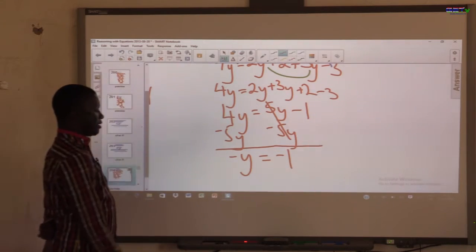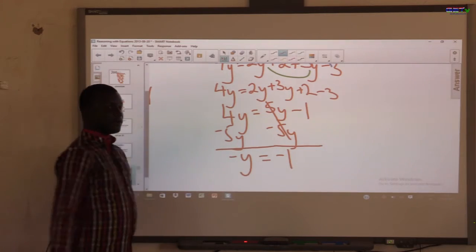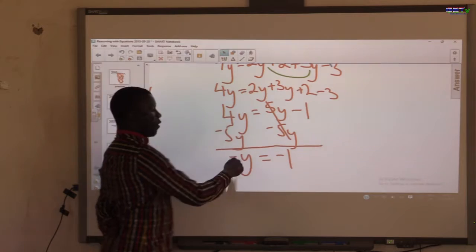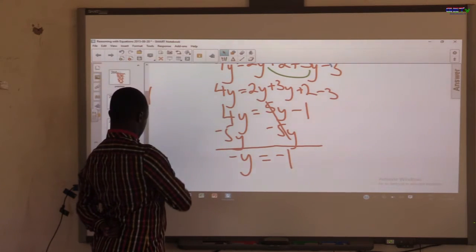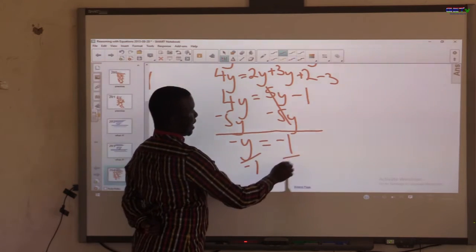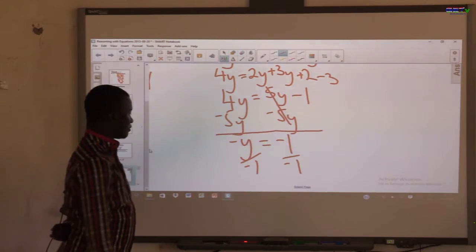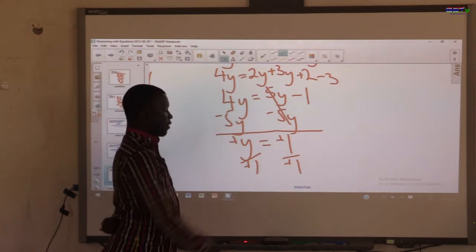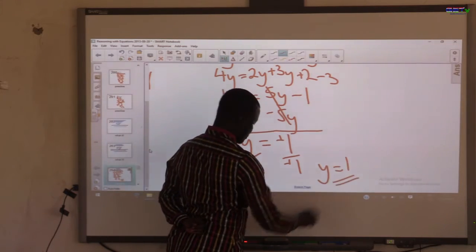So as we said, a variable with a negative sign means it has a coefficient of negative 1. So in doing so, this is negative 1y, or negative 1 times y, we undo the multiplication there by dividing each side by negative 1. Our negatives will cancel out. 1 divided by 1 obviously is 1. So y equals 1.